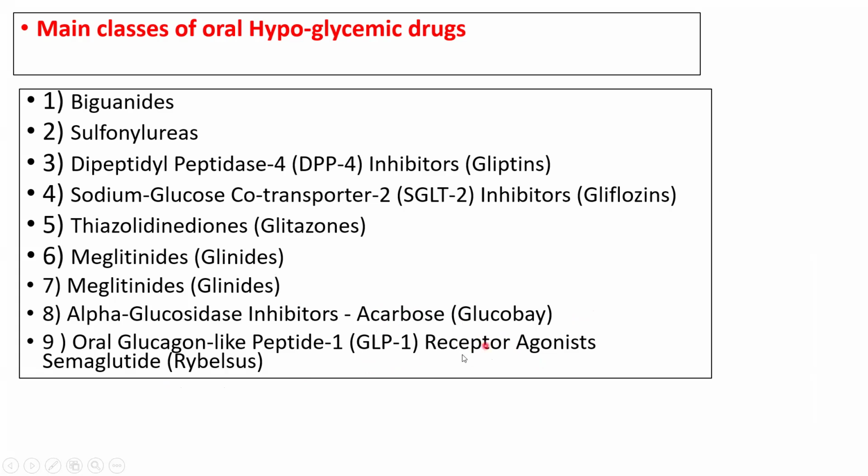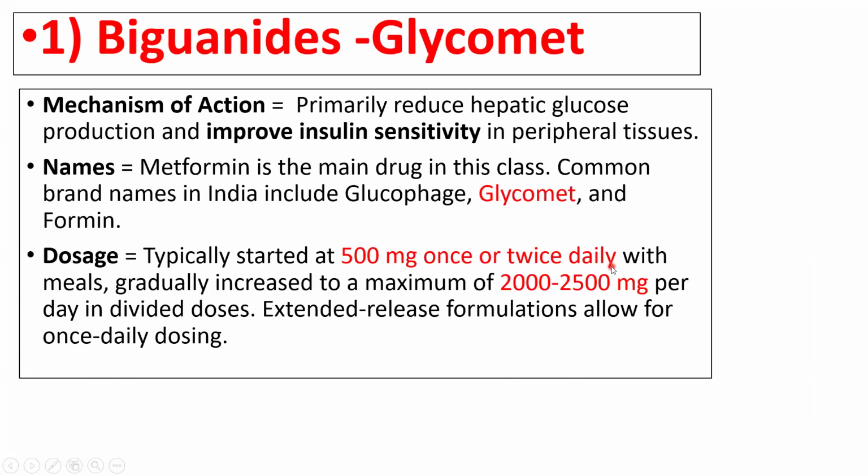Receptor, that means they are helping the insulin receptors, and naturally blood sugar will enter from blood to the cell. The type of GLP-1 receptor agonist is semaglutide, ribelsus. Relax, we will go further.